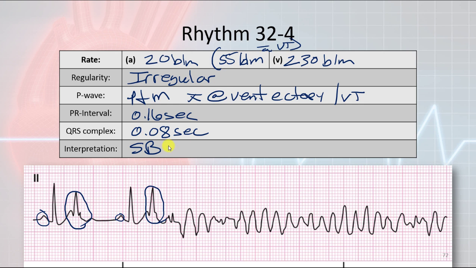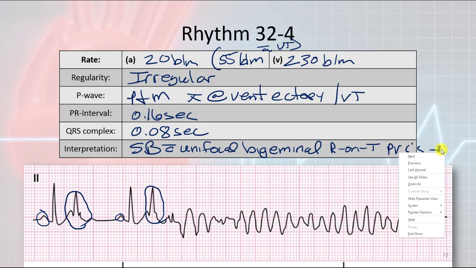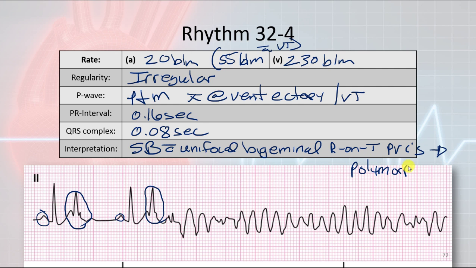So I have a sinus bradycardia with unifocal, bigeminal, R on T PVCs that goes into, this might be a torsades, but to me it might also be a polymorphic VTach. The book called that a torsades, but we're going to go ahead and call it a polymorphic VTach.